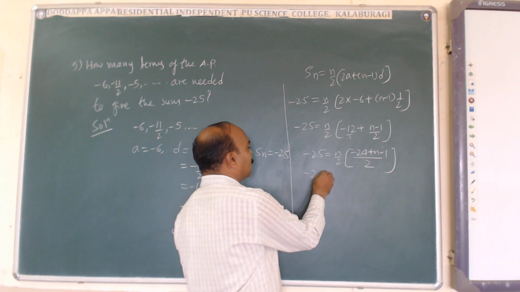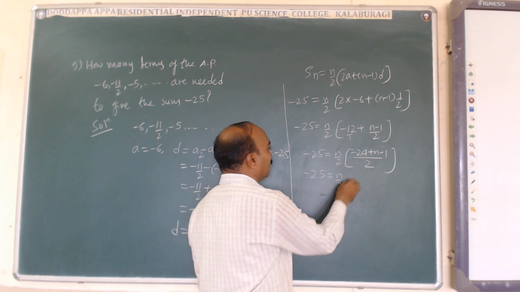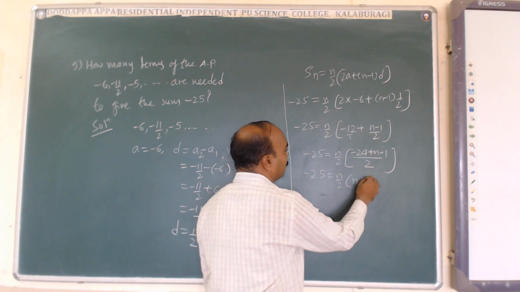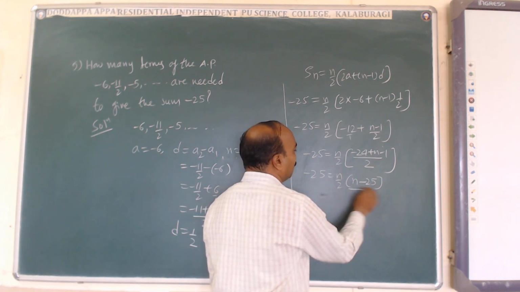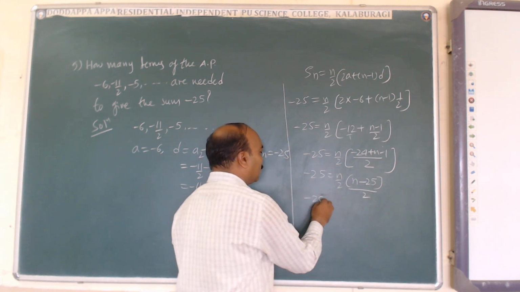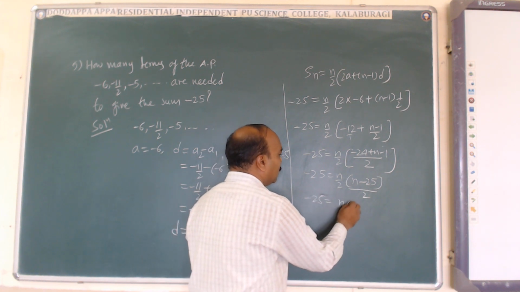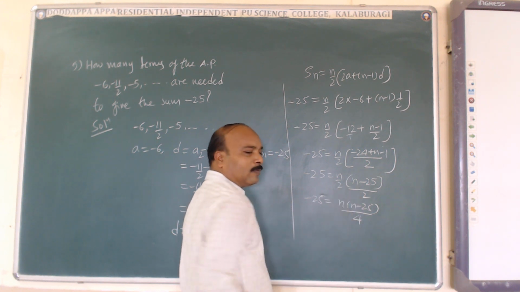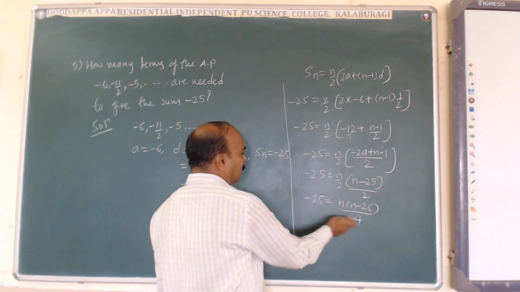Now minus 25 equal to n by 2 as it is, into n minus 24 minus 1, which is n minus 25, divided by 2. Minus 25 equal to n into n minus 25 divided by 4. 2 times 2 is 4. Now make cross multiplication.